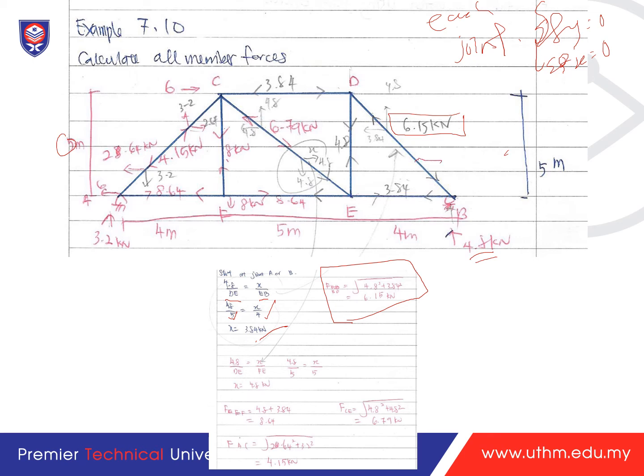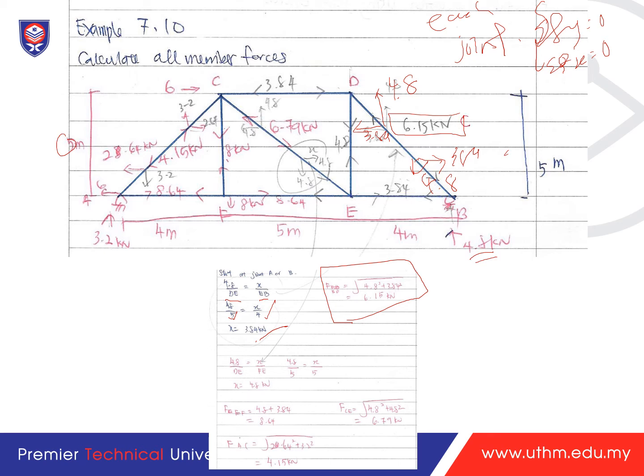Going this way is 3.84, going here is 4.8, and the same at the other direction, 3.84 and 4.8. So the total here is 6.15 in compression.